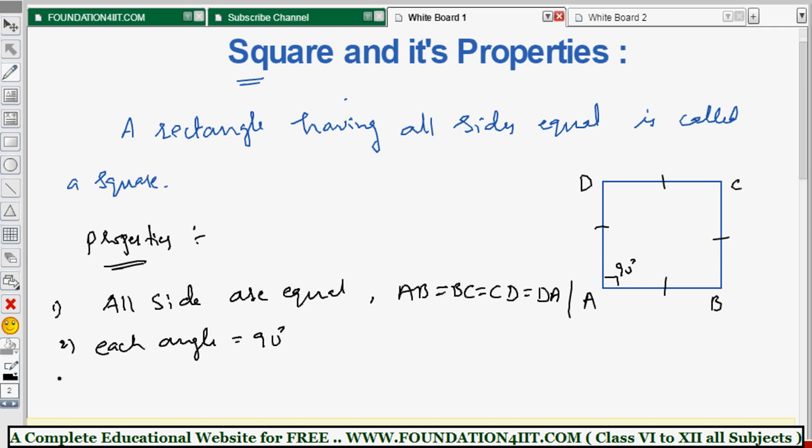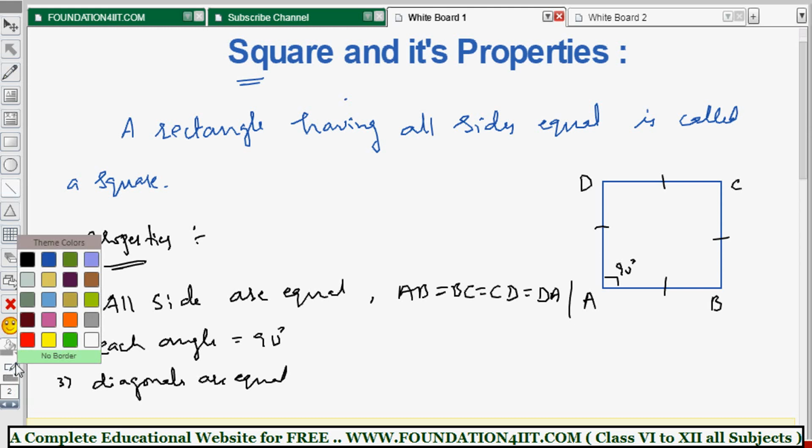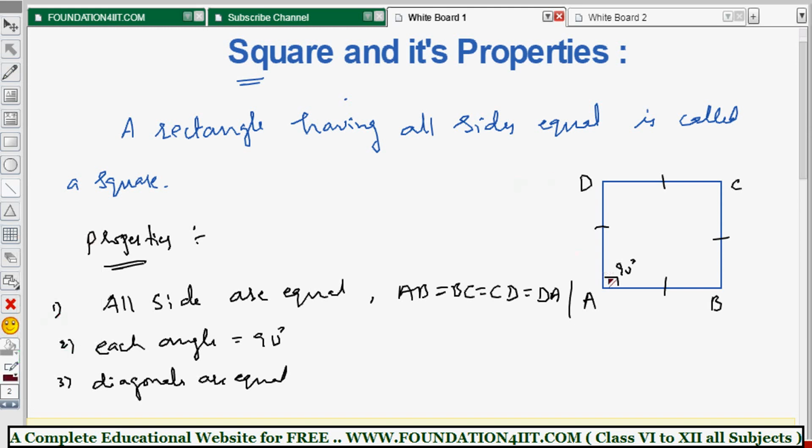And diagonals are equal. In this also, diagonals are equal. AC is a diagonal and BD is a diagonal. The two diagonals are equal and diagonals bisect each other.